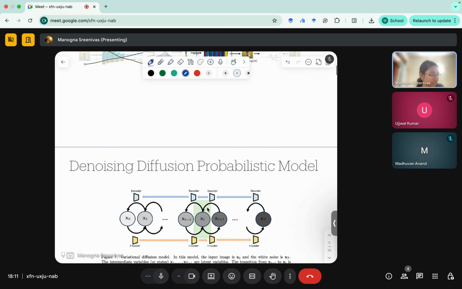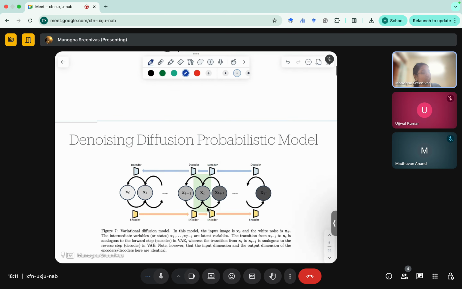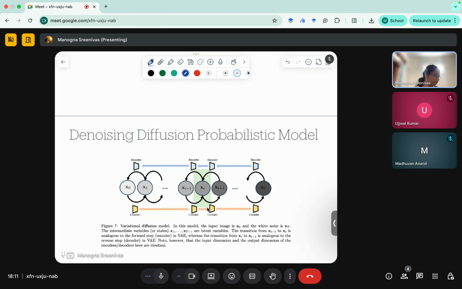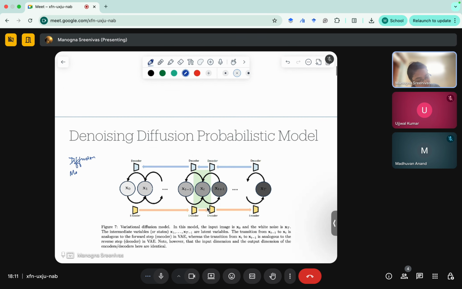So DDPM, denoising diffusion probabilistic models, are commonly known as diffusion models. It can be thought of as a hierarchical VAE.